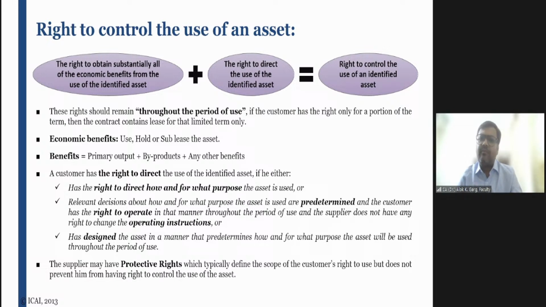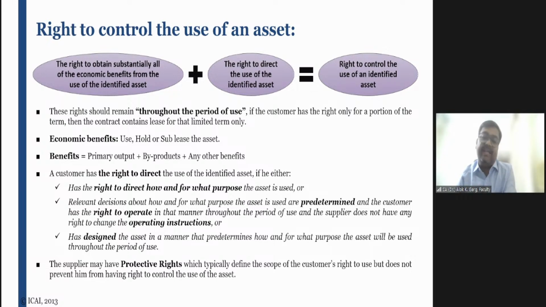So right to control the use of an asset means who has a right to direct the use of the identified asset. Right to direct the use means who is telling how and for what purpose the asset has to be used. And number two, who has a right to obtain substantially all the economic benefit from the use of the identified asset.